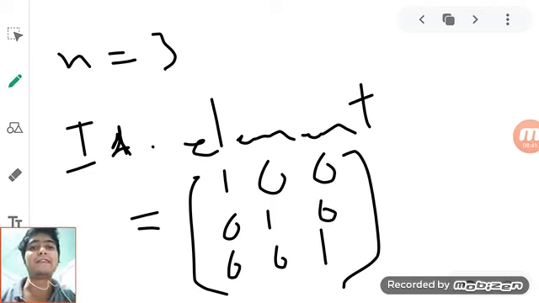The inverse stays the same. A inverse equals 1 by determinant A, adjoint A. It's just that the identity element changes accordingly to the order. Similarly, when n equals 4, n equals 5, even when n equals 1, it will be a 1 by 1 matrix. I hope that is clear with GL2R.